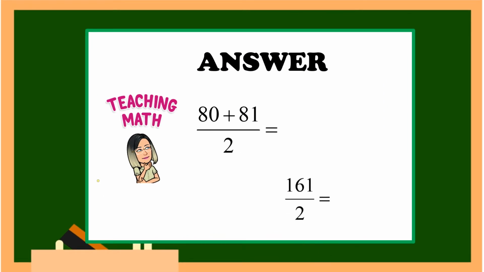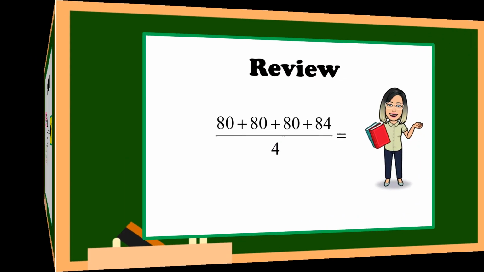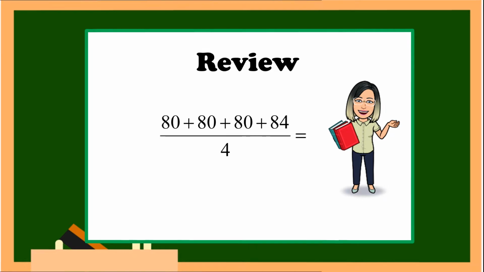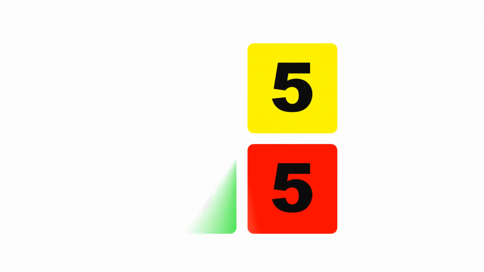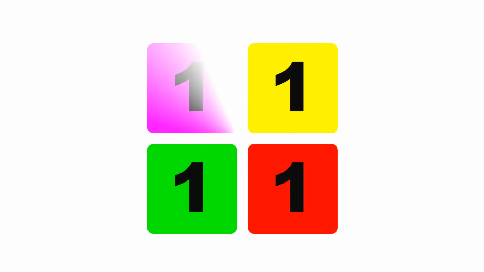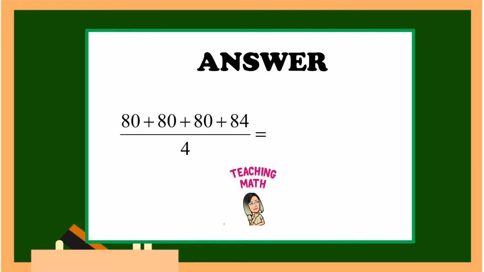The answer is 80 and 5/10. What is 80 plus 80 plus 80 plus 84 divided by 4? The answer is 81.